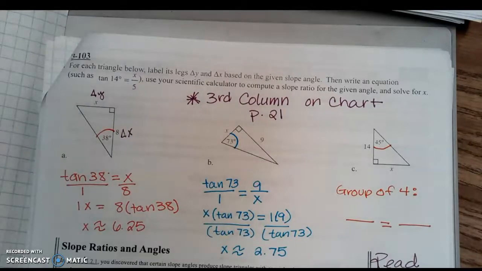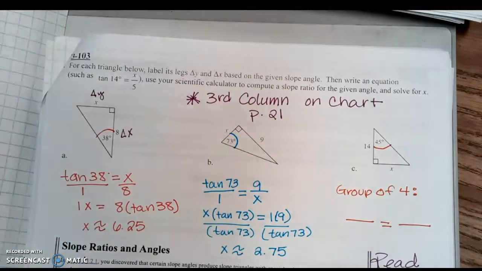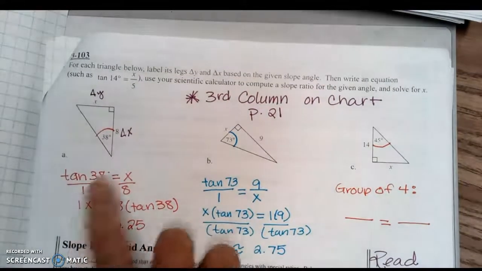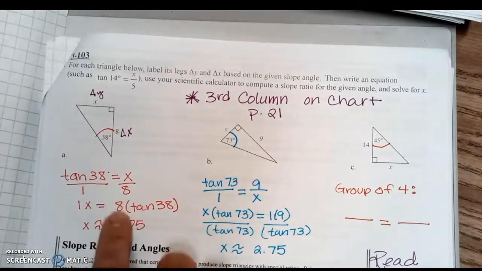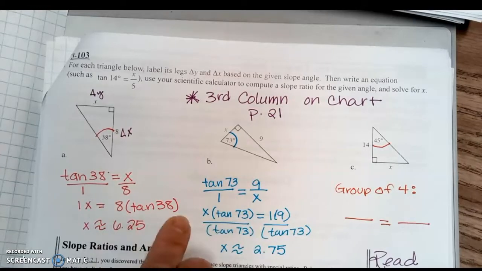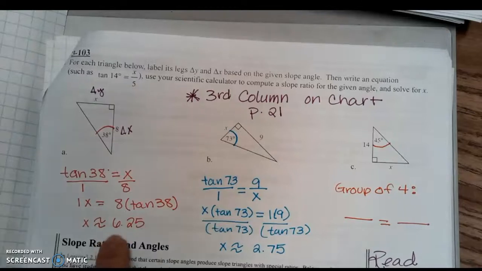I make it into a proportion simply by putting a 1 in the denominator, and then we do the cross product. So 1 times x is 1x. 8 times the tangent of 38 is 8 times the tangent of 38. You type it into your scientific calculator on Desmos. You hit the equal sign, and you will get approximately 6.25.